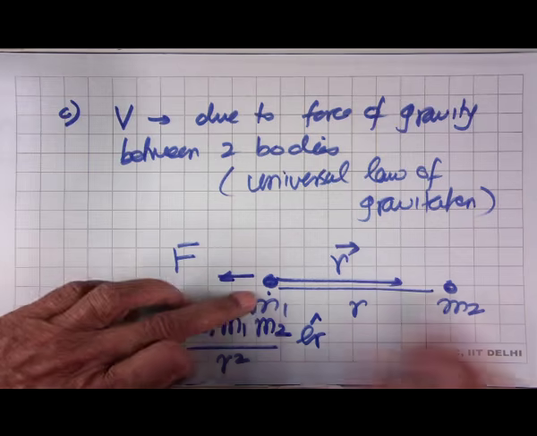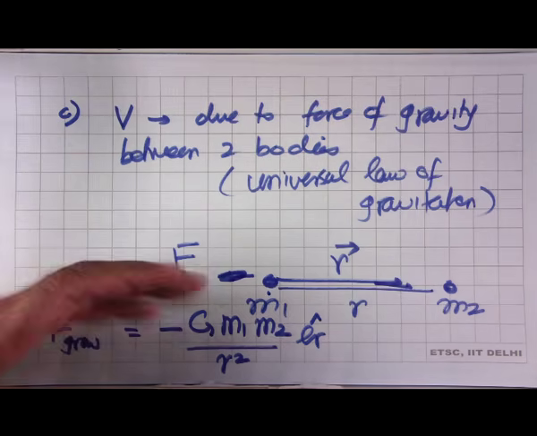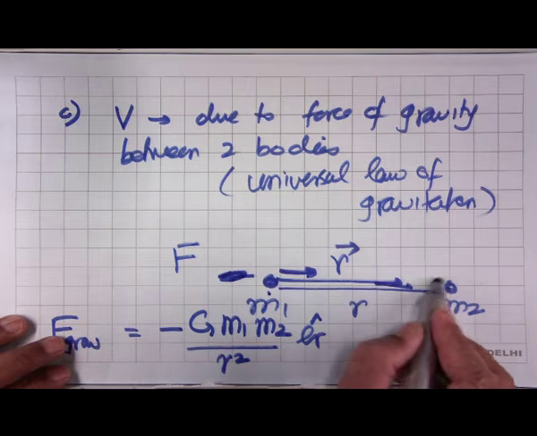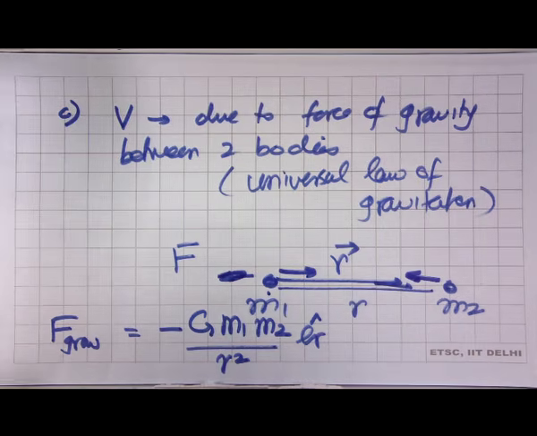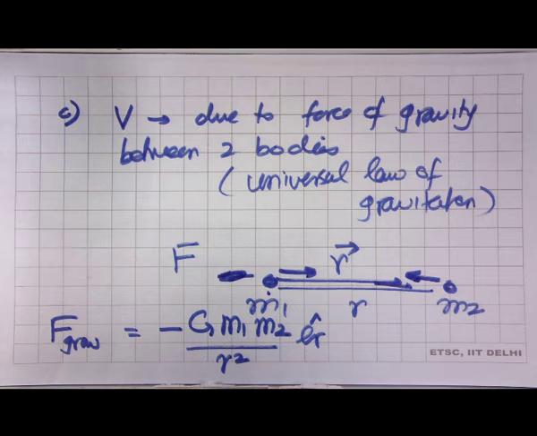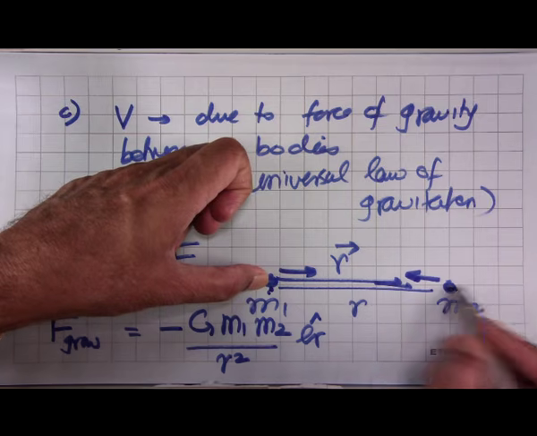So, m2 will exert a force on m1, it will pull. So, force on m1 will be in this direction, force on m2 will be towards m1, and this is given as G m1 m2 upon r square. Because if we talk of force on body 1, then m2 is here.